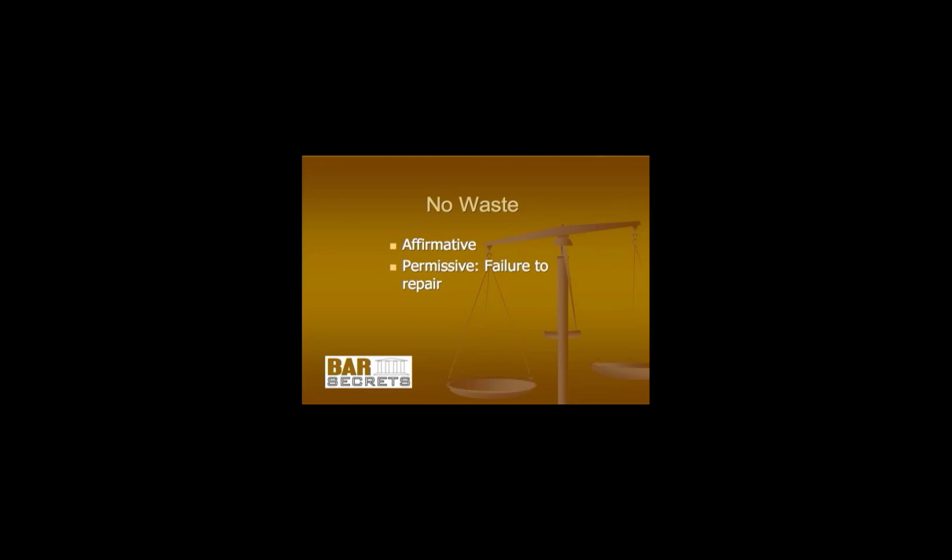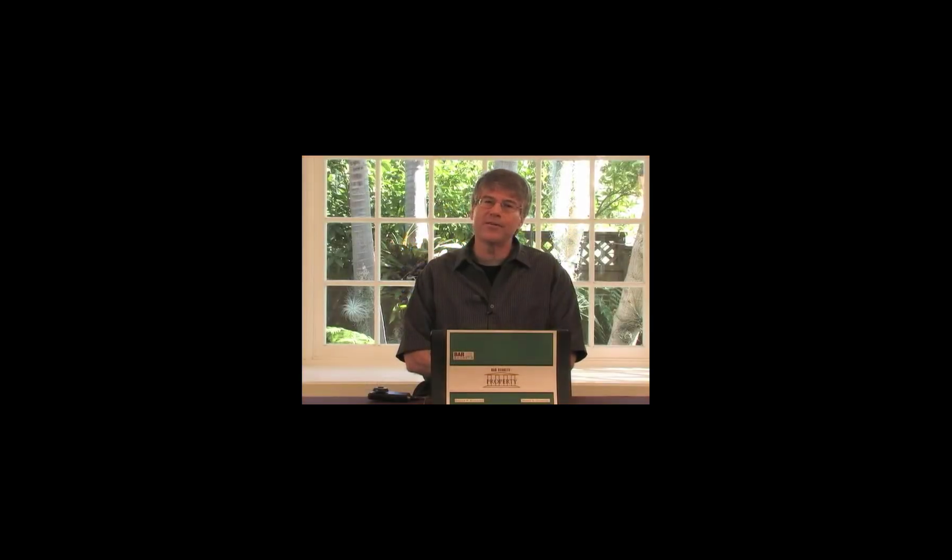And ameliorating waste is where you make, and let's put this in quotes, an improvement. And to you it's an improvement, but to your landlord it's not. So, for example, we had a bar hypo where the tenant put in a jacuzzi and mirrored ceilings. Thought it was a great improvement.